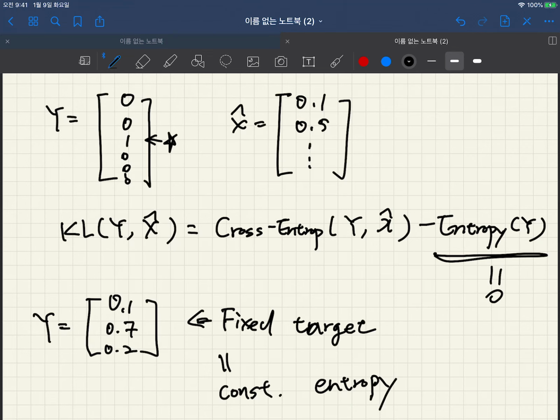So from the parameter update, we can control both the cross entropy and the entropy. In that case, KL divergence is definitely a different term compared to cross entropy. So we have to carefully choose which one we use. Okay.